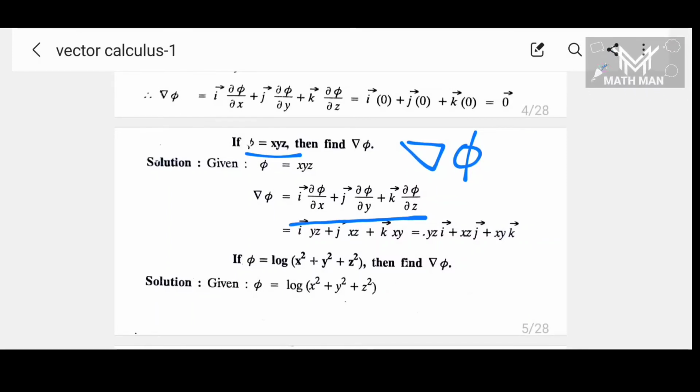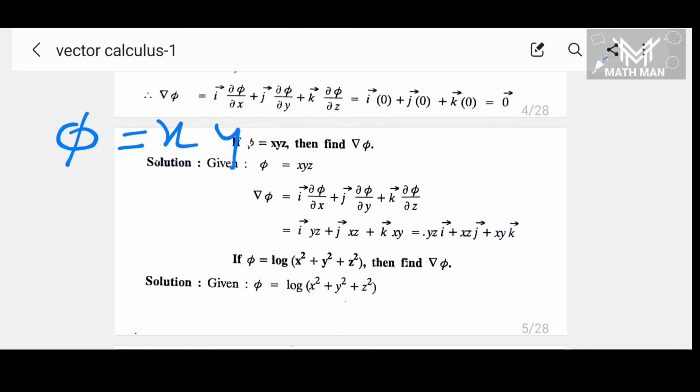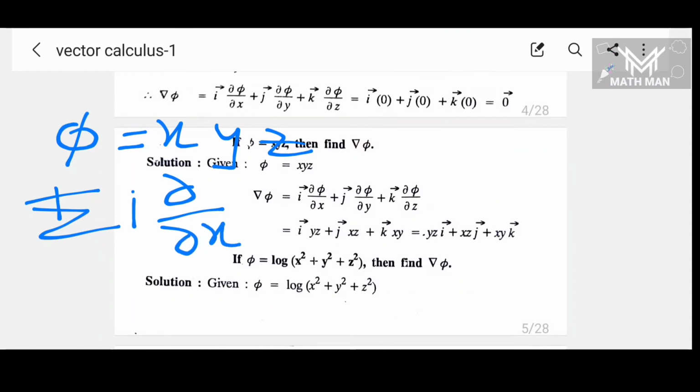If we differentiate phi equals xyz, sigma i cap dou by dou x of x y z.